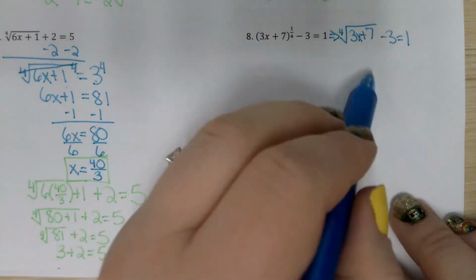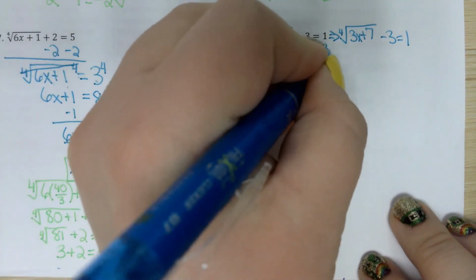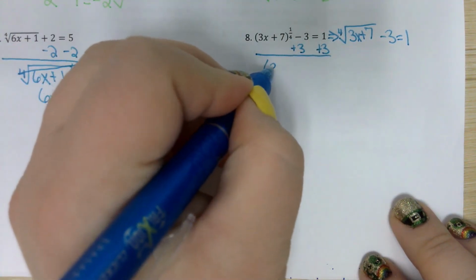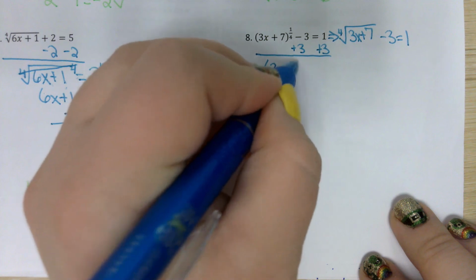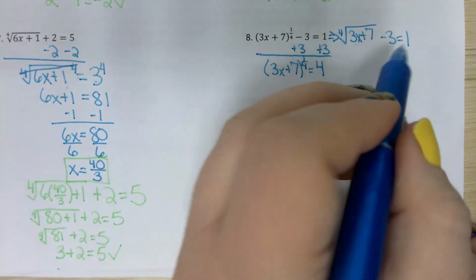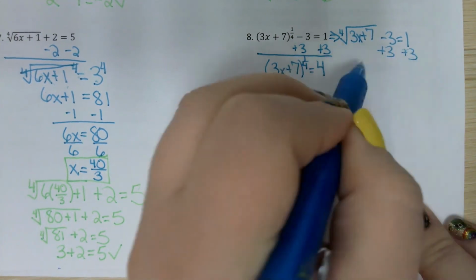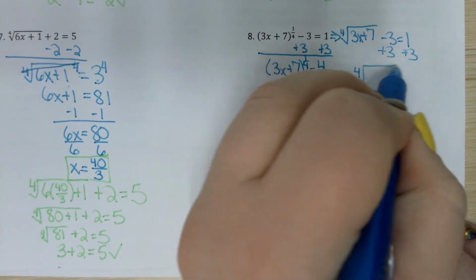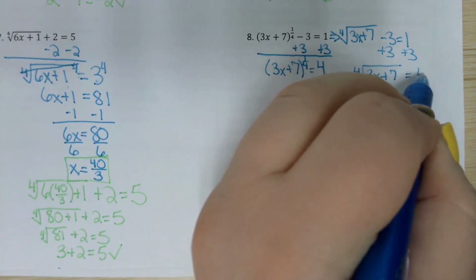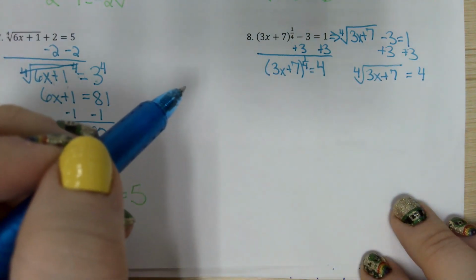Either form you use, you'll have to add 3 to both sides. And in the first form, that would give you 3x plus 7 to the 1/4 power equals 4. Or in radical form, adding 3 to both sides would give you the fourth root of 3x plus 7 equaling 4. Again, whichever one you're more comfortable with, you don't have to have both.